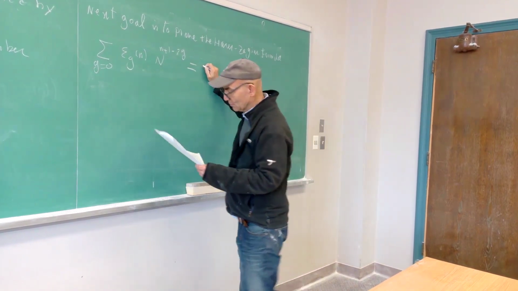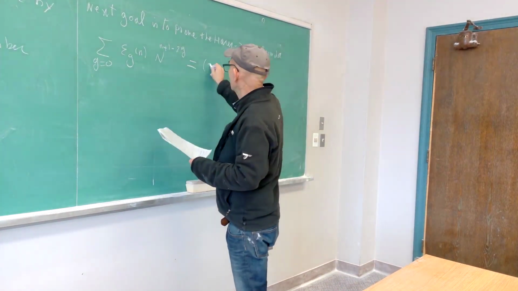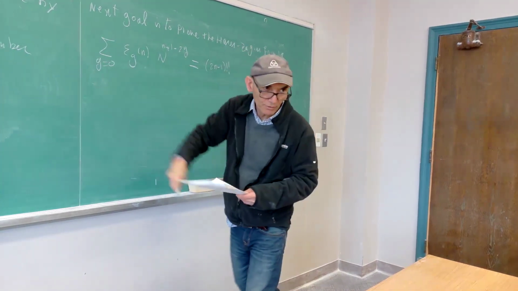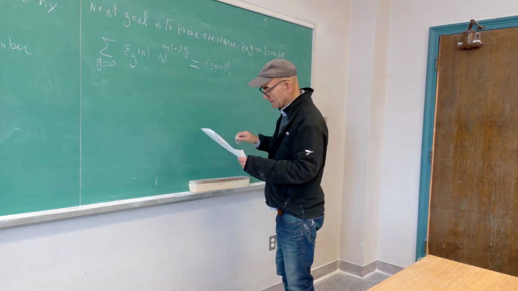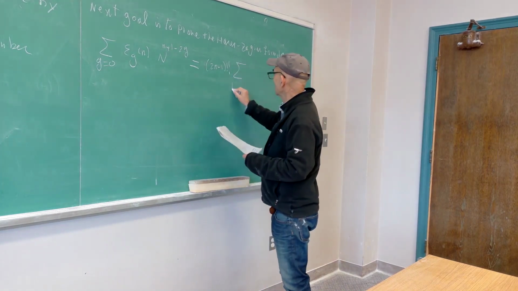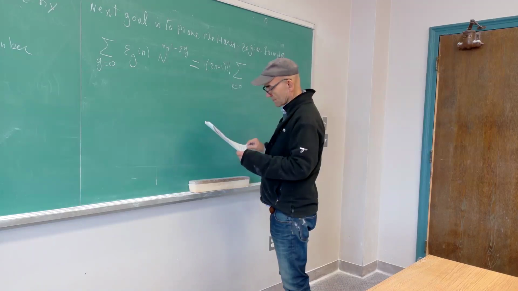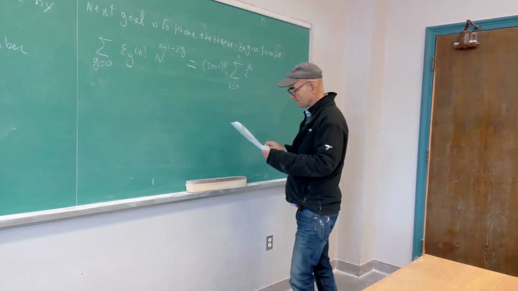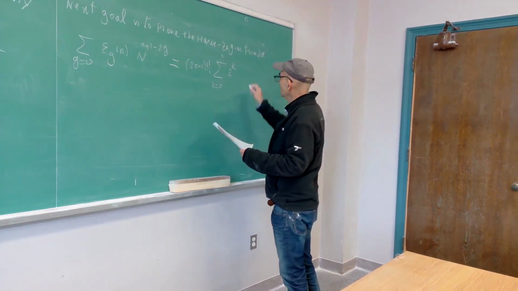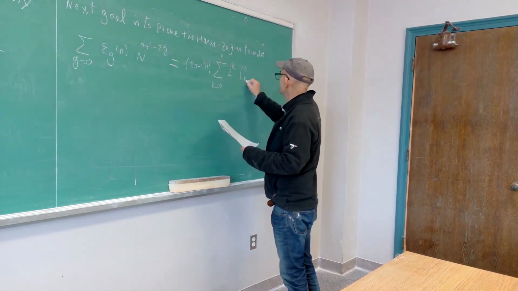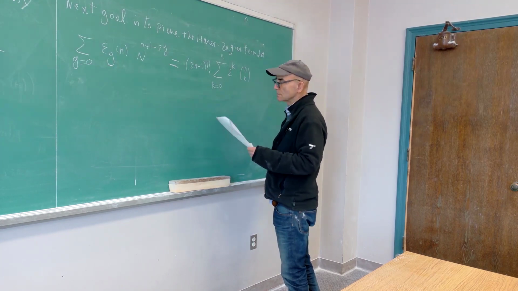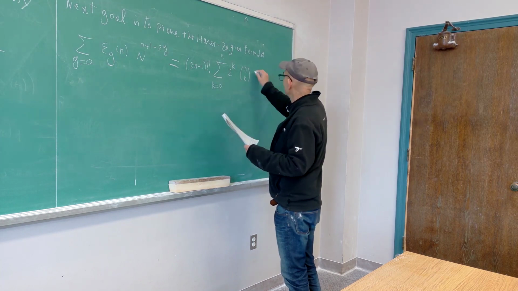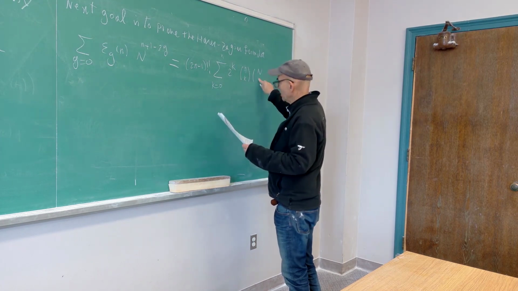What is that? That's equal to 2n minus 1 double factorial, which is the total number, has to be there, times the sum, k equal to 0 up to n, of 2 to the k, n choose k, n to the power, n choose k plus 1.